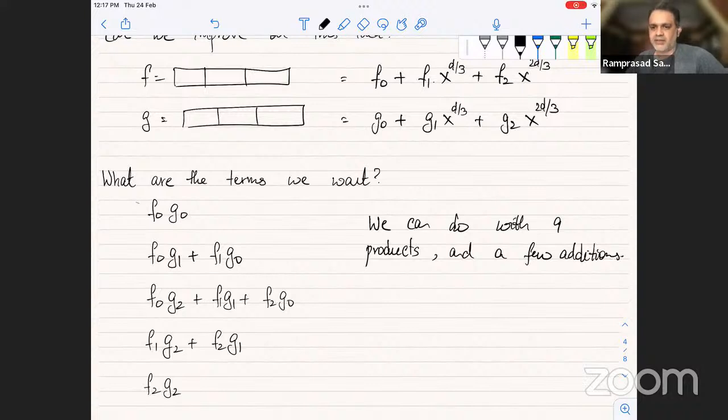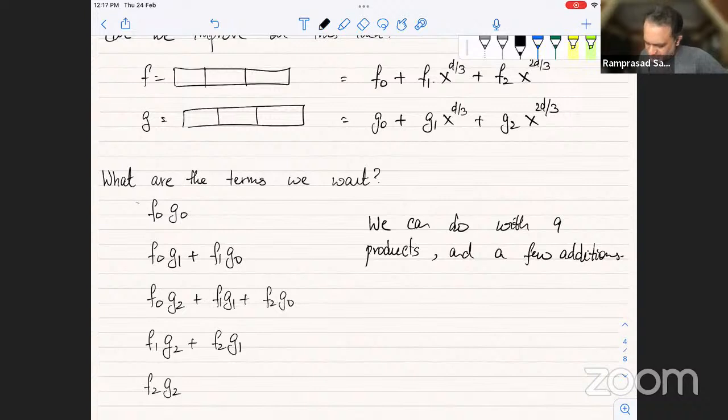Like last time, the naive thing was you would get 4 products. If I compute those 4 products and do a bunch of additions, I get all the terms I am interested in. Similarly, if I compute all of these 9 terms separately, then of course I can add them up and get what I want. But that will be no different from the high school method.